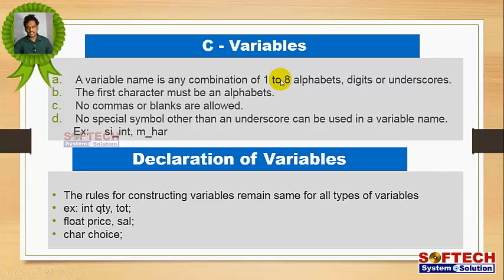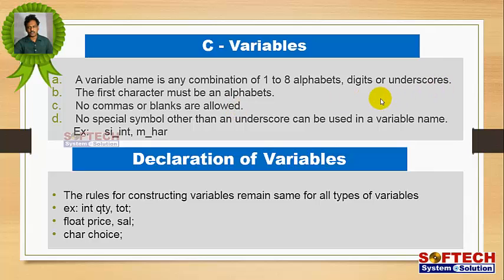Those characters should be a combination of alphabets, digits and underscore only. No other special symbol is allowed. The first character must be an alphabet. No commas or blanks are allowed.